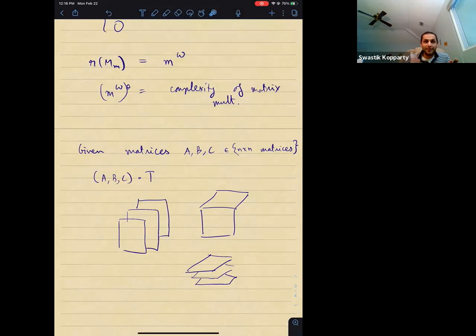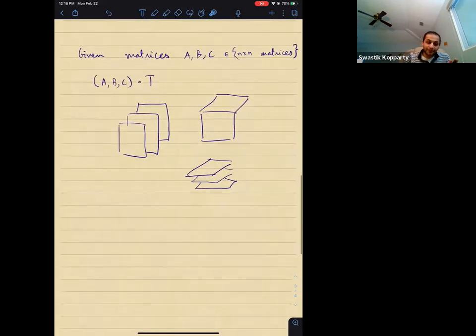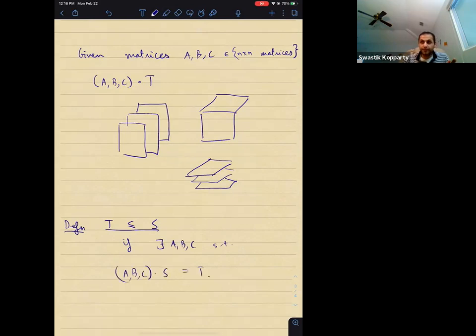I want to consider this action, and we'll say T reduces to S. This is the definition: if there is some ABC such that ABC acting on S equals T.